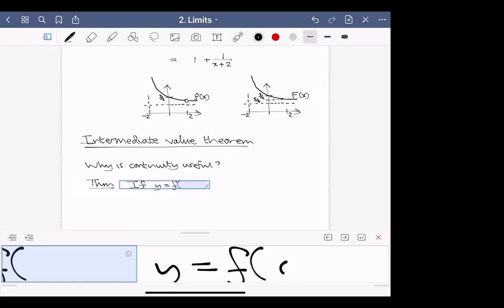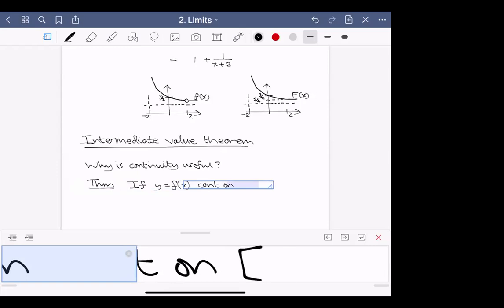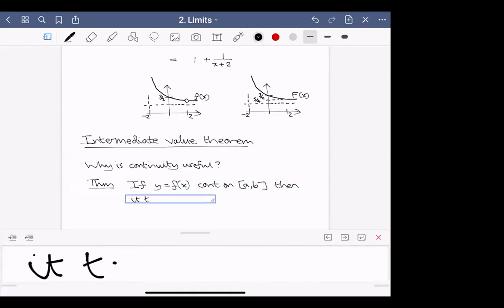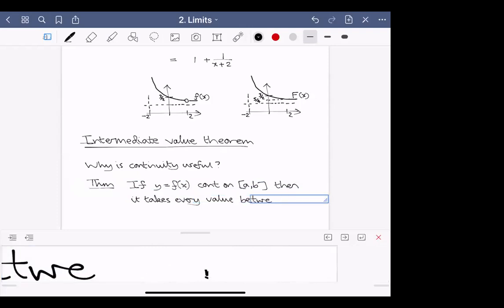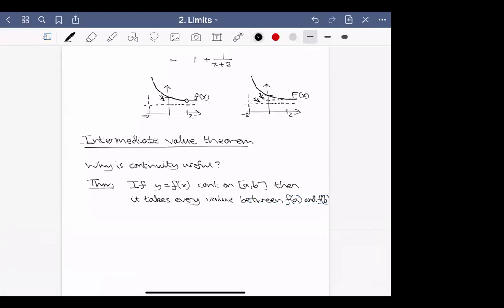If y equals f(x) is continuous on a closed interval [a, b], then it takes every value between f(a) and f(b). So let me say that out of the way.